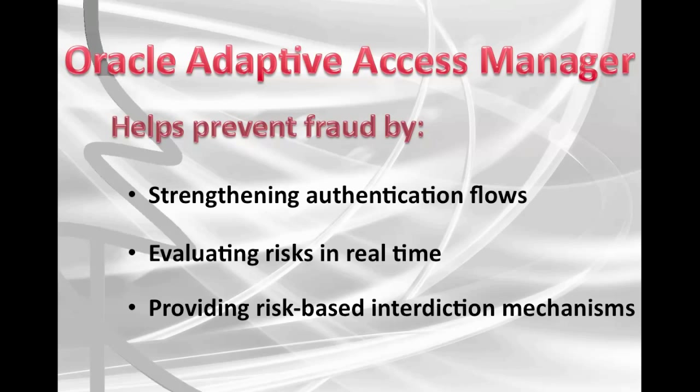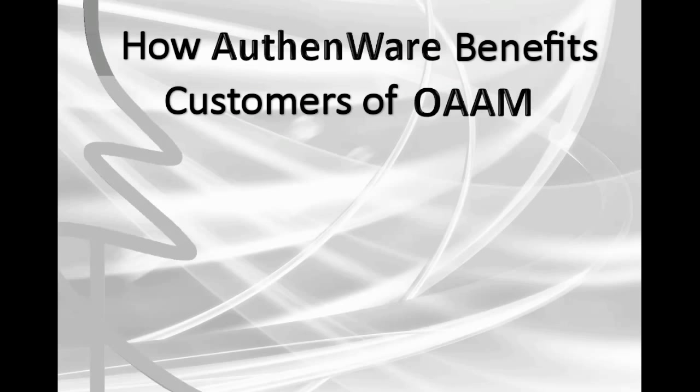The integration of AuthenWare with OAAM allows the possibility of adding biometric control to the variety of security options already available with OAAM, making the integrated AuthenWare OAAM solution an ideal authentication tool for any company.